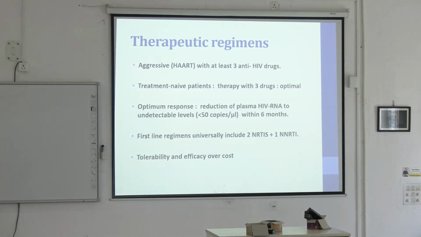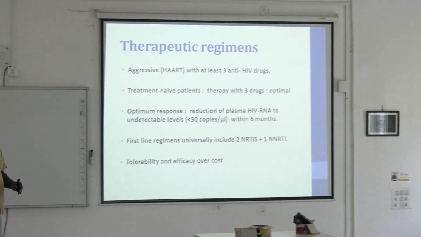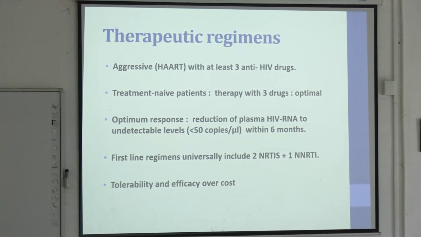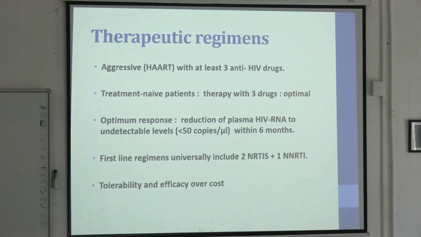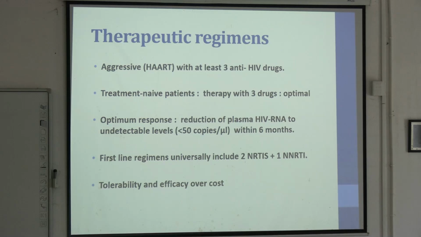Regimen: there are at least 3 antiretroviral drugs, and they should be from at least 2 classes. 3 drugs, 2 classes at least. There may be 3 classes, but not all from the same class. 3 drugs from a single class, such as non-nucleoside reverse transcriptase inhibitors, are less effective.